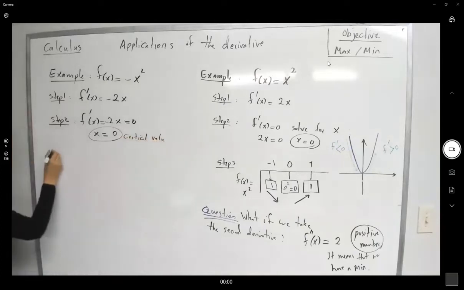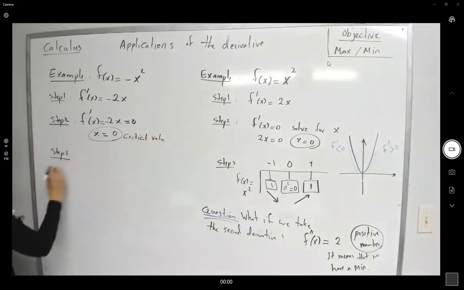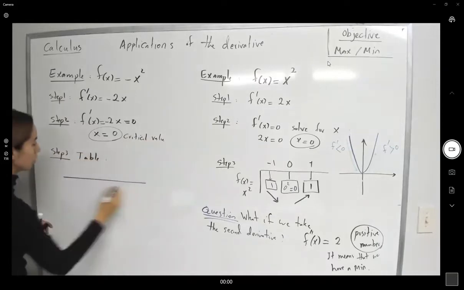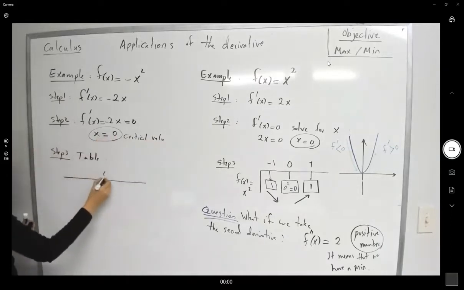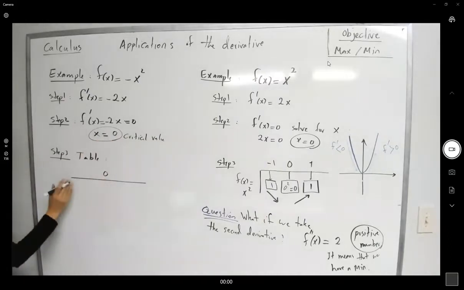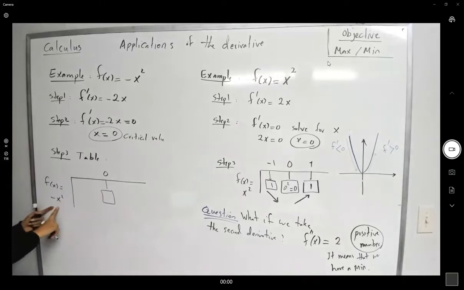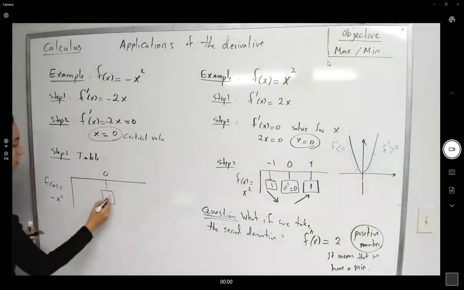Step 3, form your table. In your table, you're going to have your critical value, x equal to 0, and then you have your function, f of x equals negative x squared. You're going to find the y value at 0. Well, if I plug in 0 here, negative 0 squared is just 0.